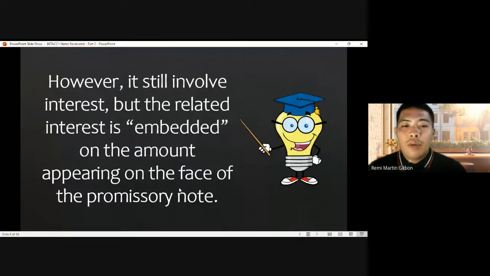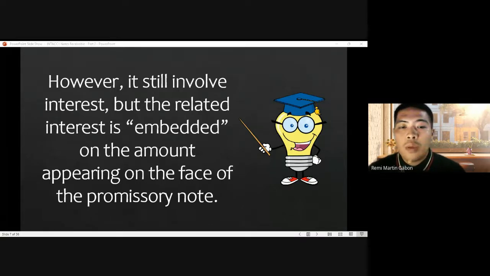However, you should not confuse yourselves for non-interest bearing notes receivable to not involve computation of interest at all, because the only difference of interest bearing and non-interest bearing is on the computation of interest. Non-interest bearing notes receivable still involves interest, but the interest are embedded on the face amount of the promissory note.